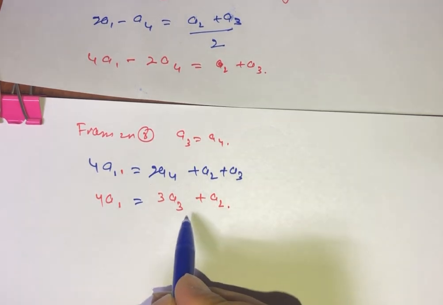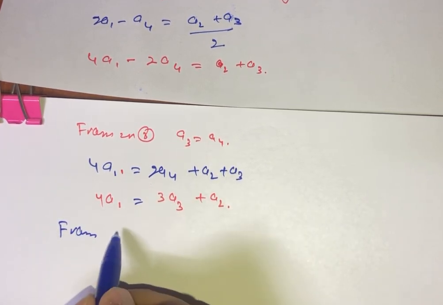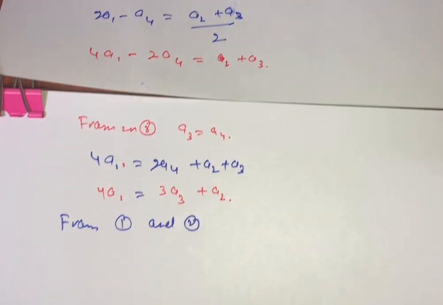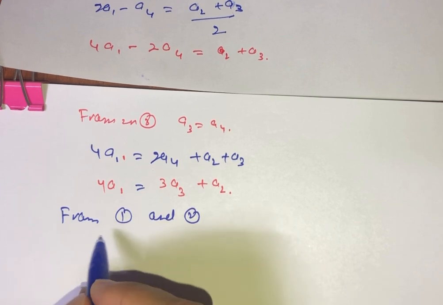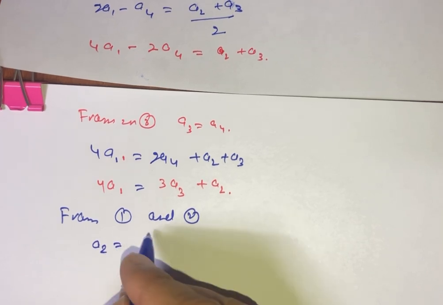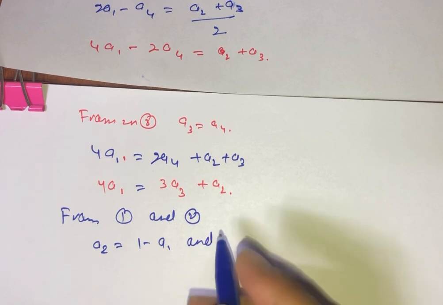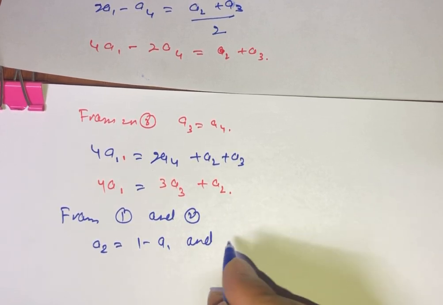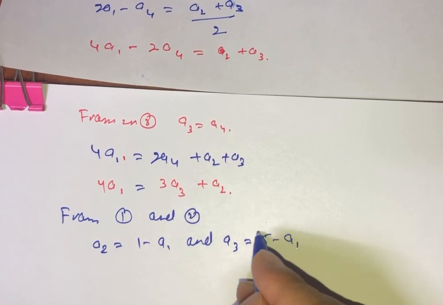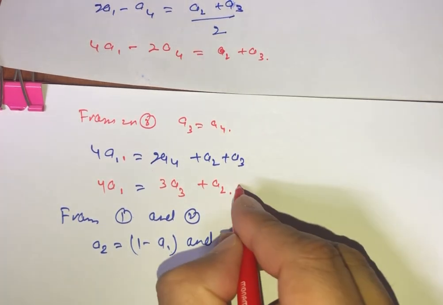And we already know that from equation 1 and 2, we have that a2 is 1 minus a1 and a3 is equal to 5 minus a1. And let us call this as equation number 6.